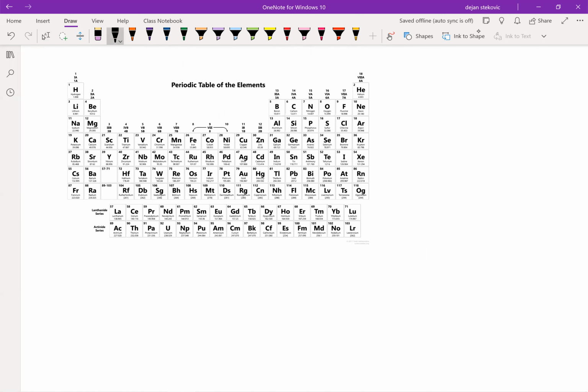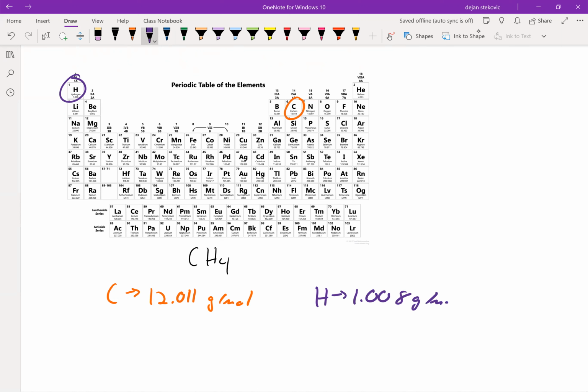So for example, CH4 is made up of 1 carbon and 4 hydrogens. So it's going to have the molar mass of 1 carbon and 4 hydrogens, right? So carbon itself weighs 12.011 grams per mole, and hydrogen weighs 1.008 grams per mole.